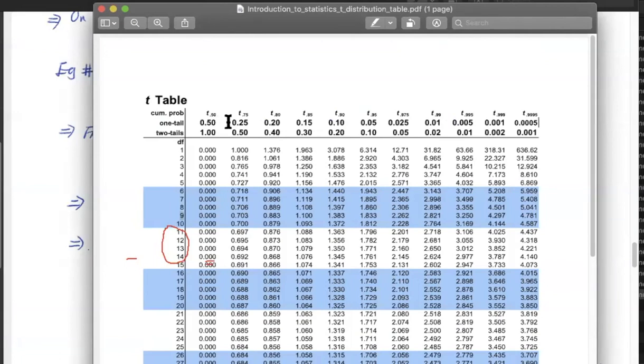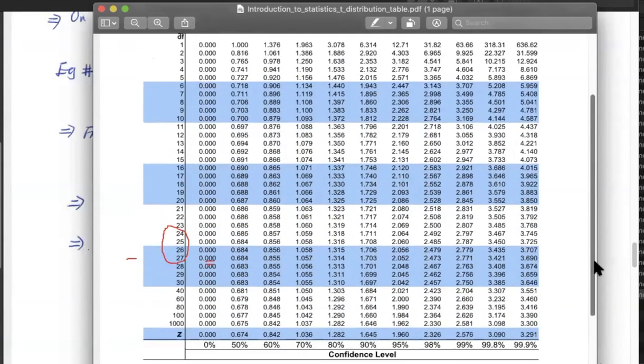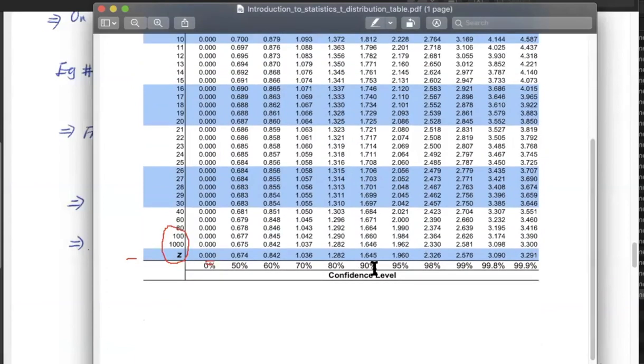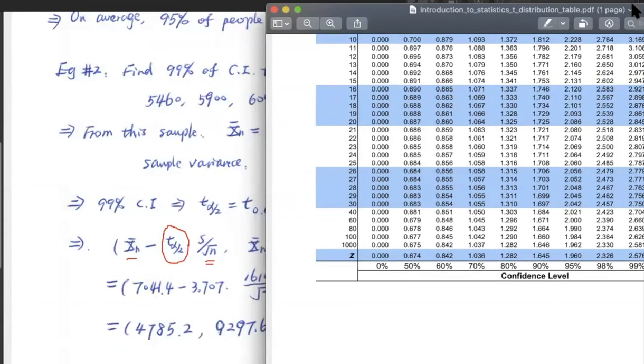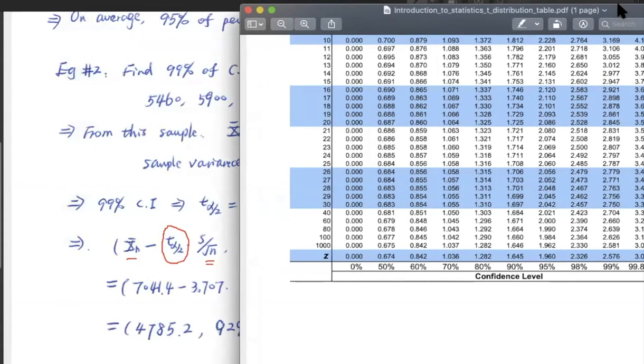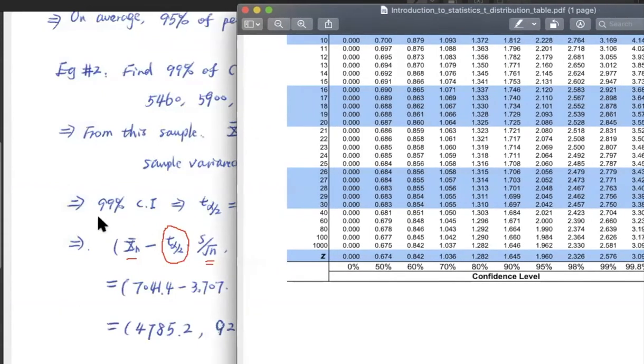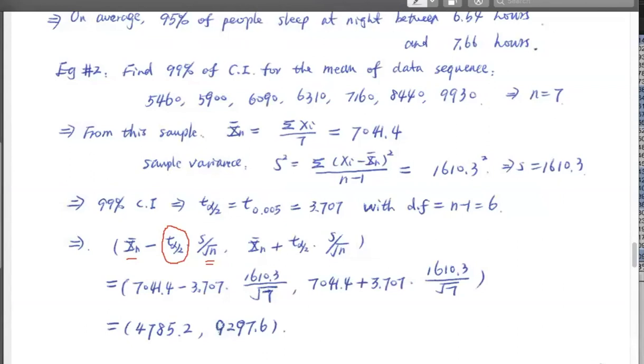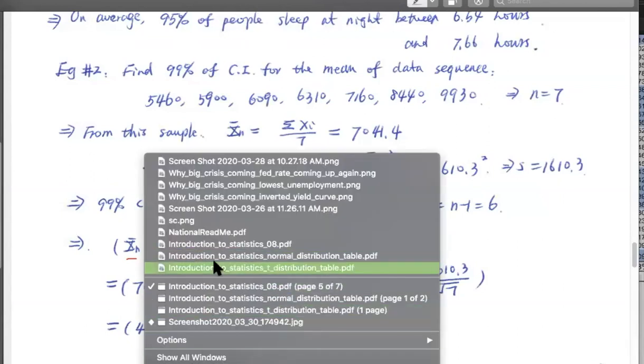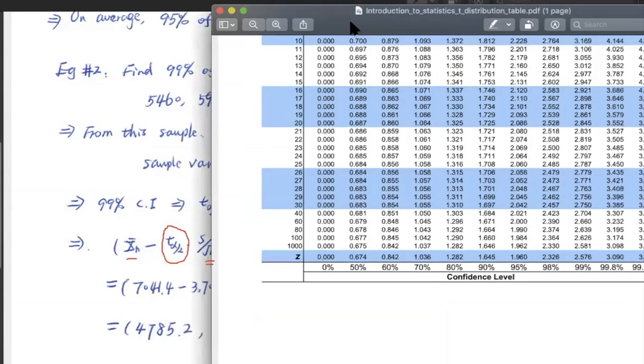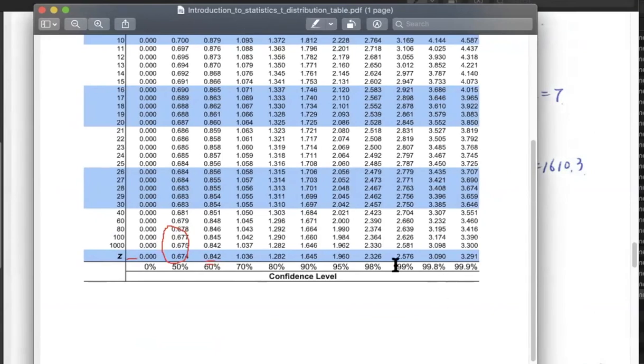It's not for the moment, so don't get confused. No worries for the first 2 rows here. We start from the bottom, remember? The bottom tells us the confidence level. So what's the confidence level for this example? We are talking about 99%, right? So that is the 99% column here.